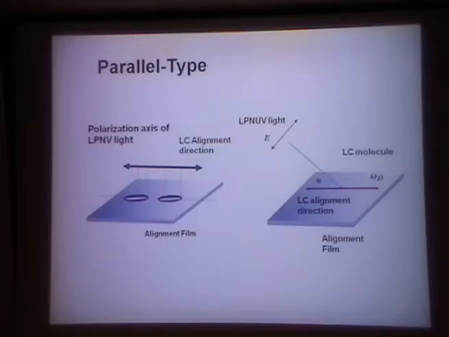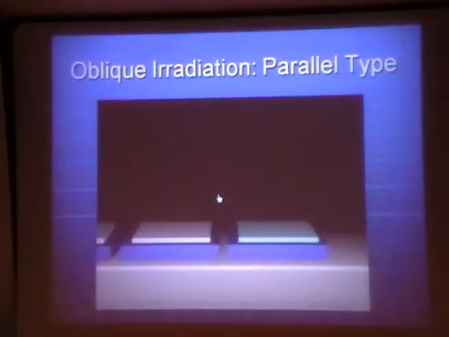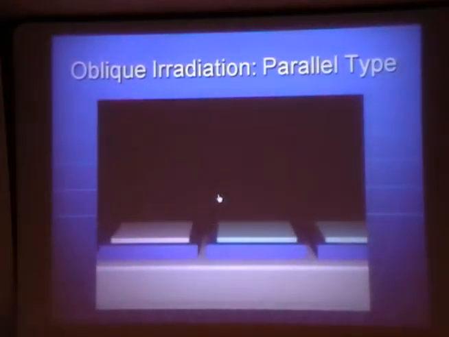So even without knowing any detailed photochemical processes, or even without knowing anything about the chemistry, you can tell what this UV light irradiation does by looking at the symmetry of the system. And these are just animations to show you what the UV light does.